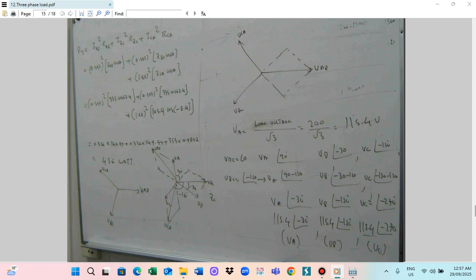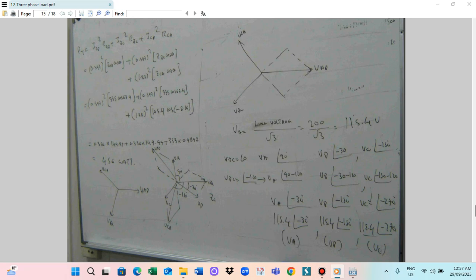For the next part, we have to draw the phasor diagram. Normally we draw it like this: VA here, VB here, VC here. Then you reverse VB, add it, and this becomes VBC, and VAB by this way, and VCA you can also do.